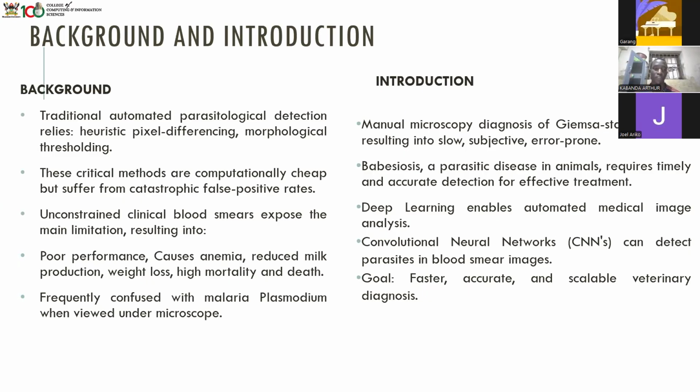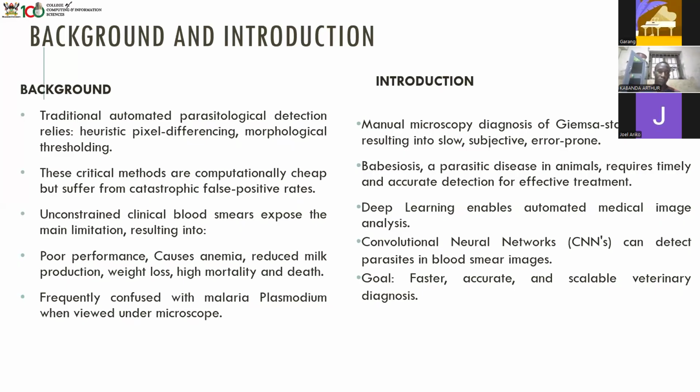For morphological thresholding, these were rules set based on shape and size. For example, if something was found round and dark, then it could be a parasite. These classical methods are computationally cheap, but they suffer from catastrophic false positive rates.